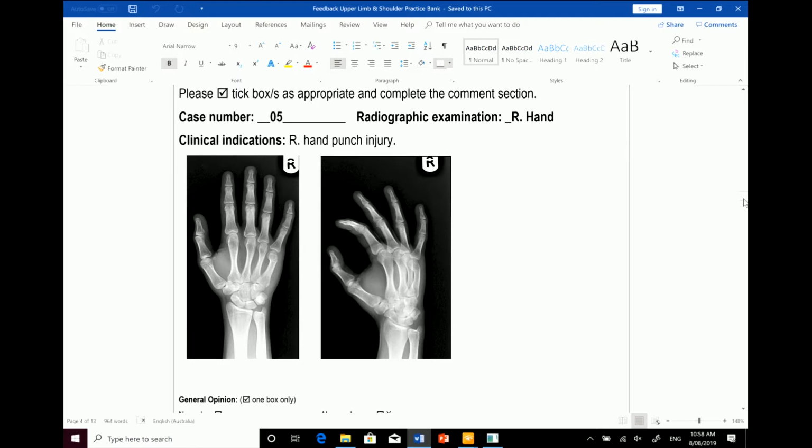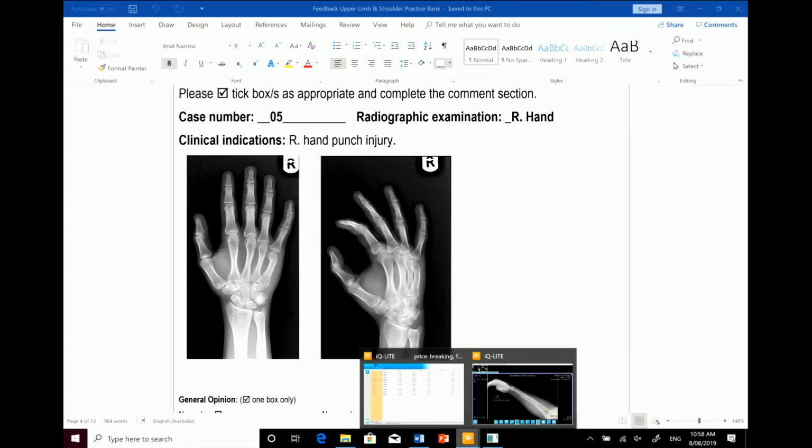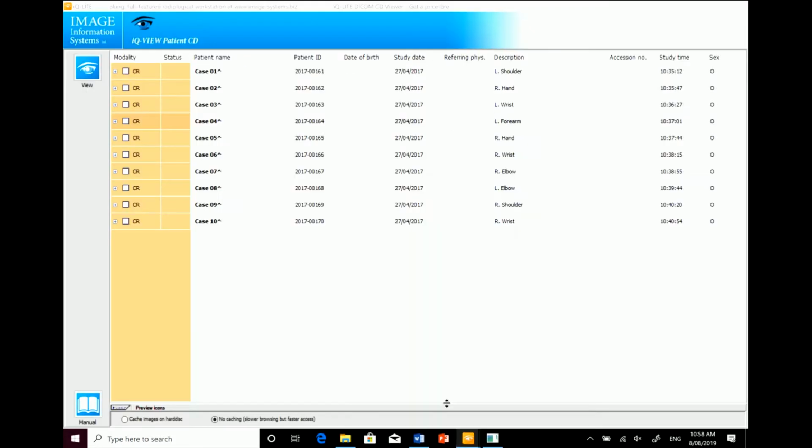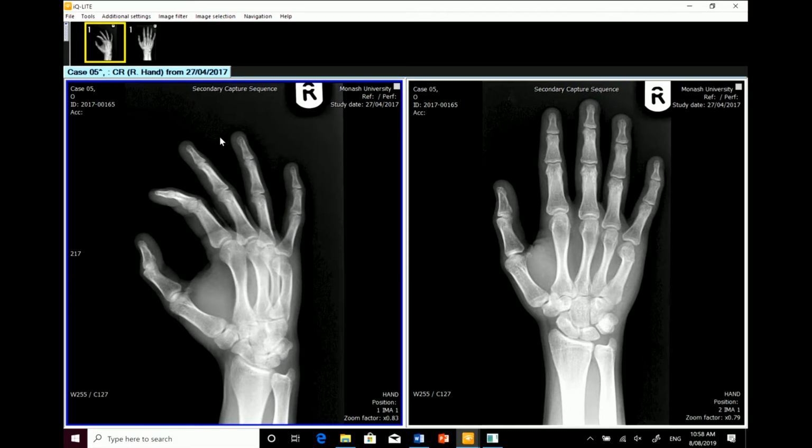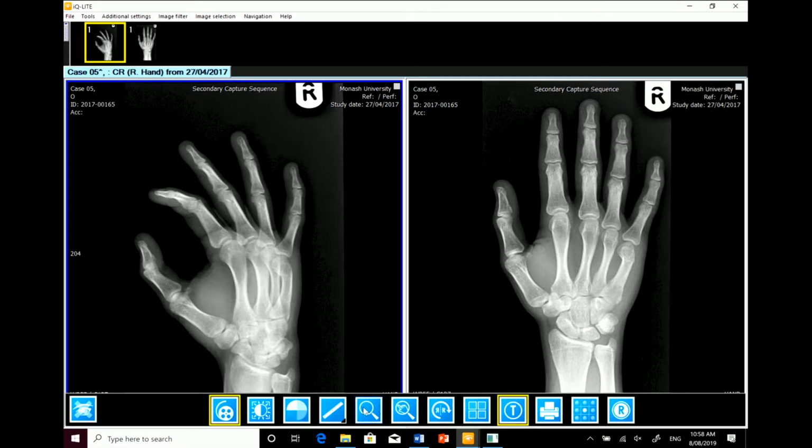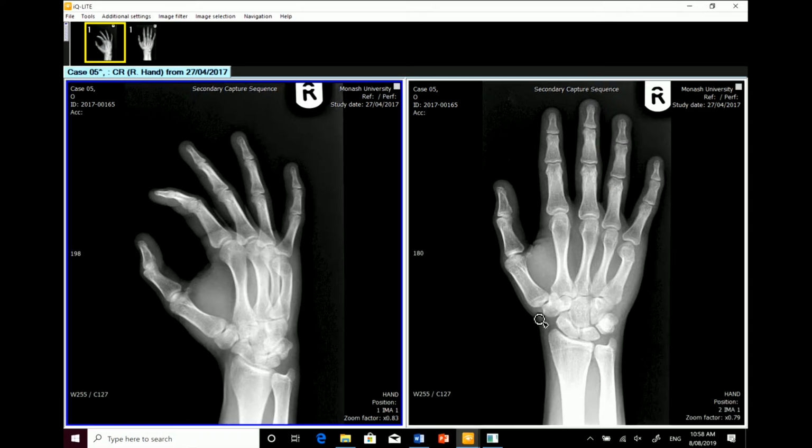Our next case is that of a hand, and the patient has had a punch injury. So if you look, and I'm just going to keep both of those open because it's just easier to see it like that.